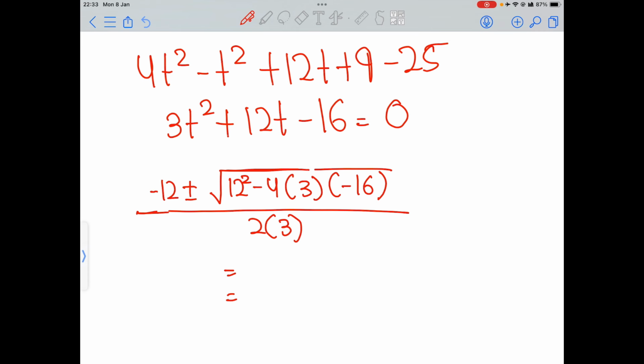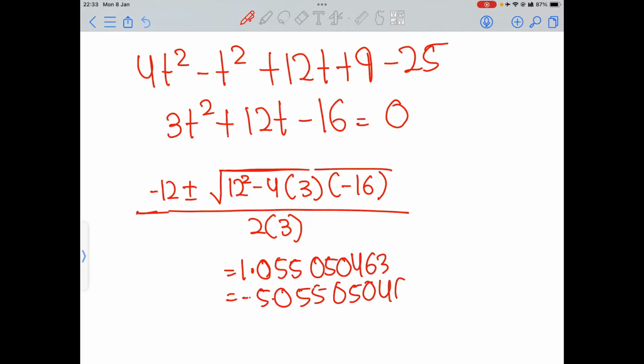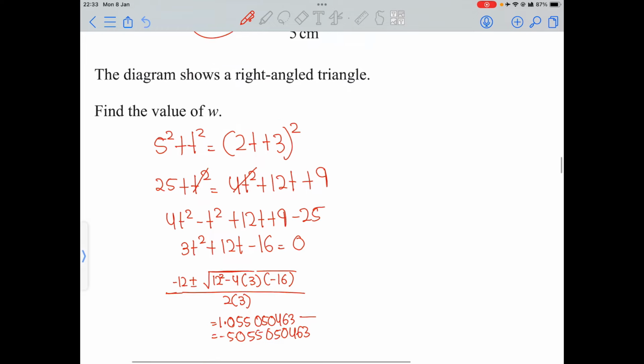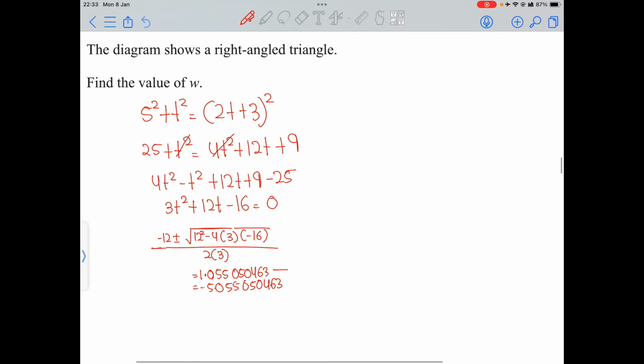Negative 12 plus the square root of 12 squared minus 4 times 3 times negative 16, over 6, is basically 1.055050463, and you have a negative value as well, negative 5.055050463. Because t is a length, it cannot be negative, so the only possible value is the positive one.